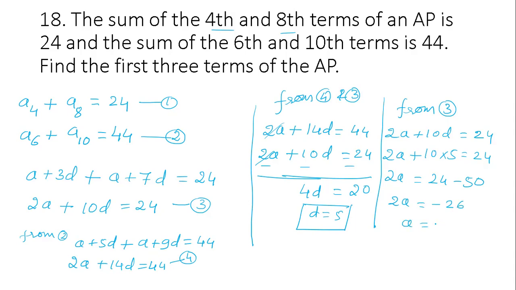A is equal to minus 26 by 2, this is minus 13. A is equal to minus 13. Therefore, the AP is minus 13, minus 8, minus 3 and so on. They are asking for 3 terms.